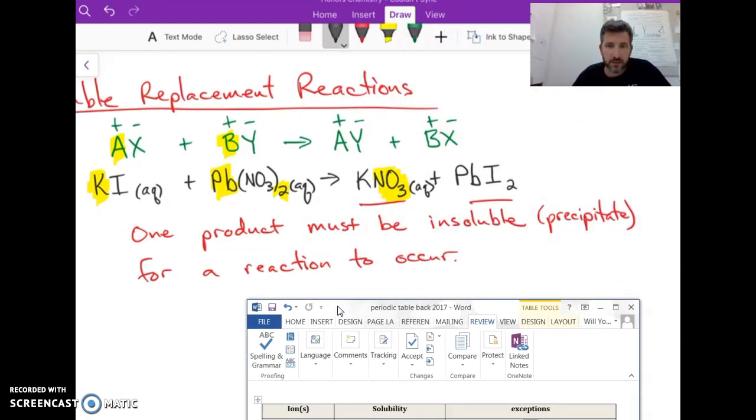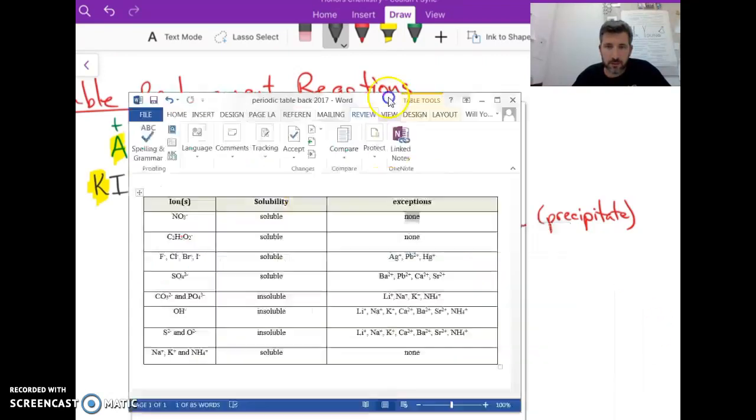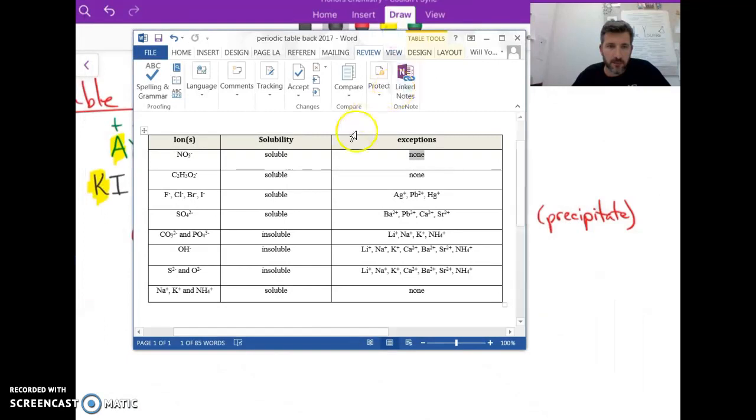The next rule we need to look at is the rule for the iodides, because that's what the other substance is. It's lead 2 iodide. So if we go back to our rules, it says for basically halides, meaning halogens that have a negative charge, including iodide, they are going to be soluble, but there are some exceptions, and if you'll notice, lead with a 2+ charge is one of those exceptions.